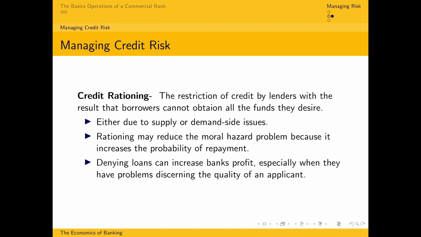So there's either supply side or demand side issues. So first, rationing can actually be a solution to the moral hazard problem because it increases the probability of repayment.